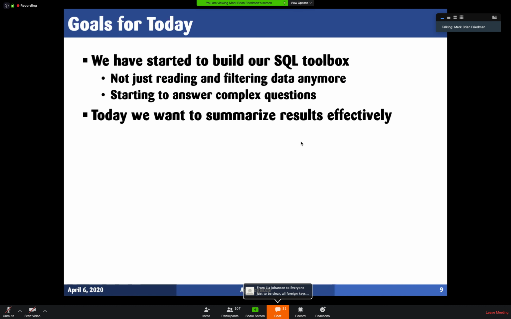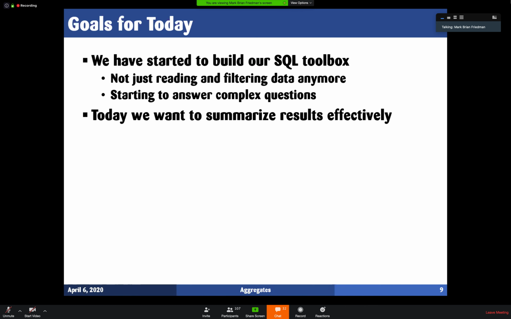Okay, so we've started to build our SQL toolbox, and we're starting to answer more complex questions. Today, we're looking at aggregates. We're learning how to summarize results. This kind of summarization of query data, you could do inside your program. There's no question of that.